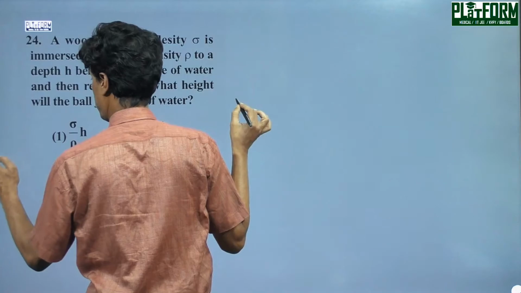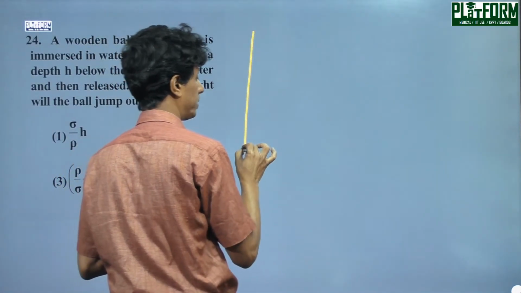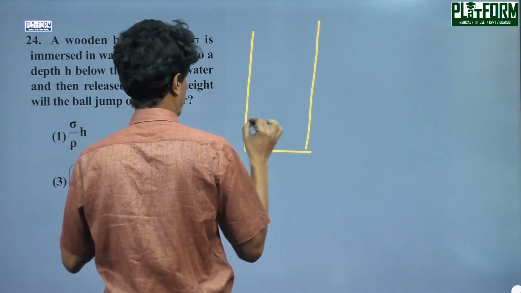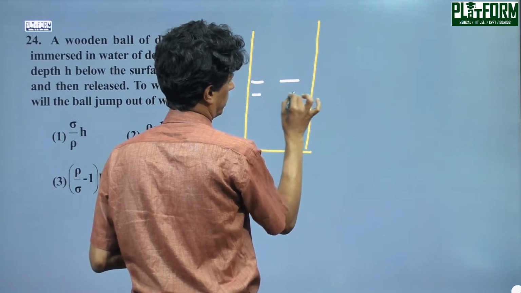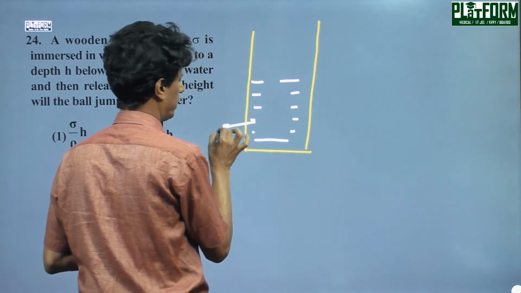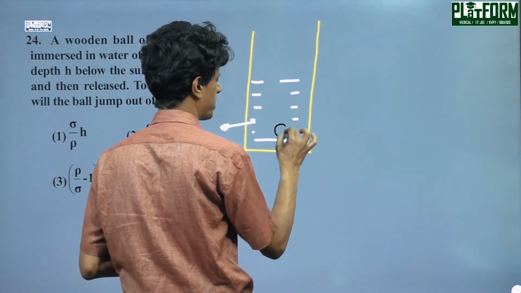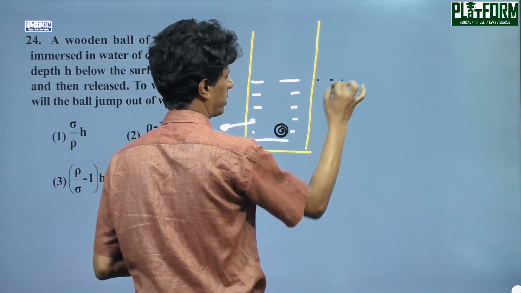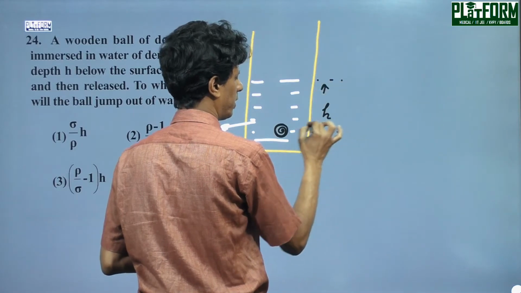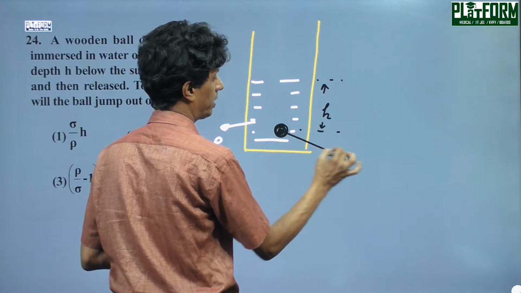In a container, a liquid of density rho, and a body is immersed up to a depth h, and the density of the body given in the problem is sigma.